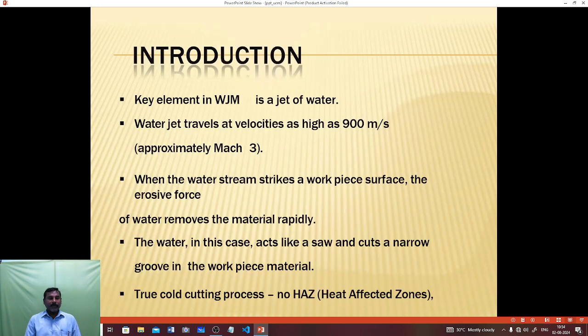The key element in water jet machining is a jet of water. The water jet travels at velocities as high as 900 meters per second, approximately Mach 3. When the water stream strikes a workpiece surface, the erosive force of water removes the material rapidly. The water in this case acts like a saw and cuts a narrow groove in the workpiece.